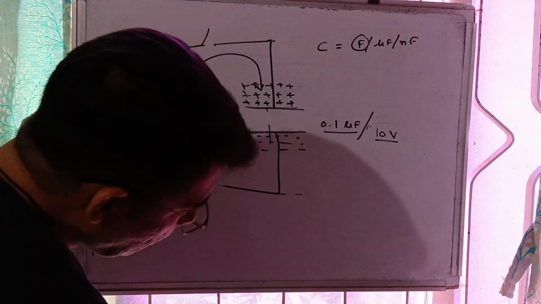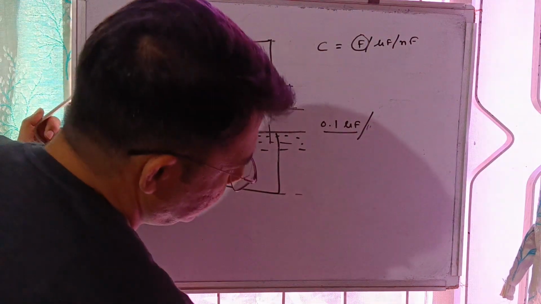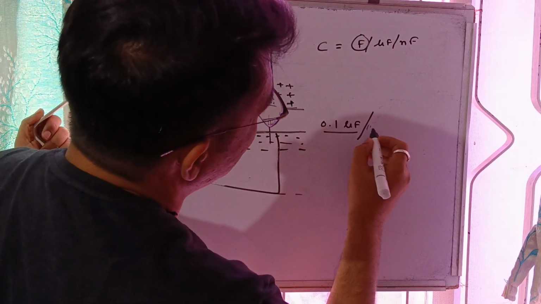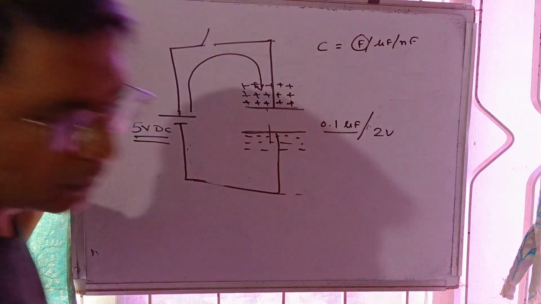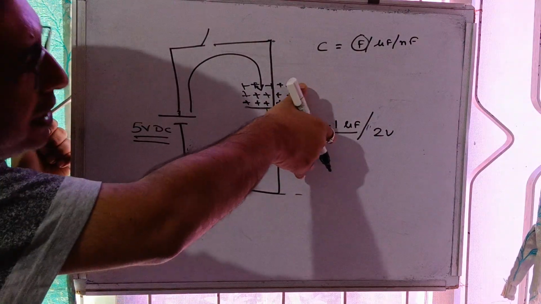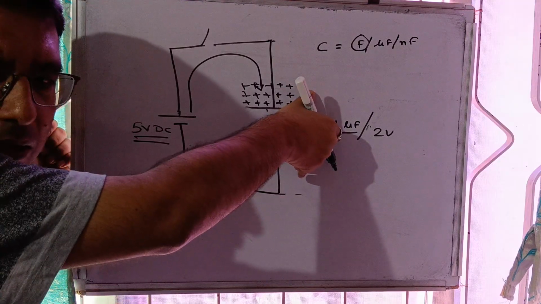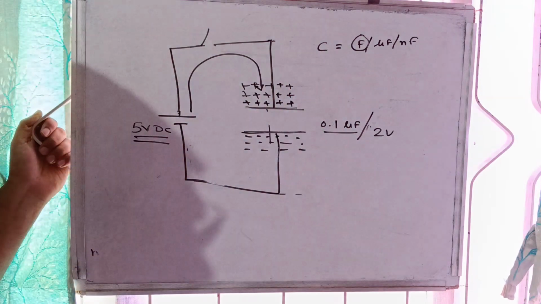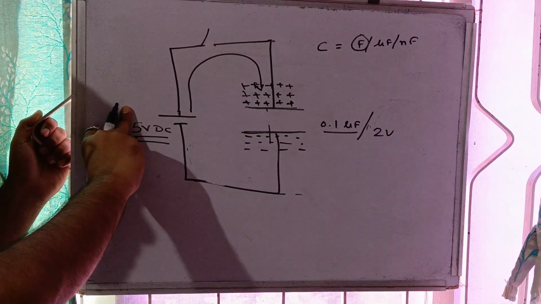Now let us say we reduce this voltage capacity, instead of 10 volt, to less than 5 volt, let's say 2 volt. That means the capacity of this capacitor to hold the charge, I mean voltage, is 2 volt, and what we are applying is 5 volt.